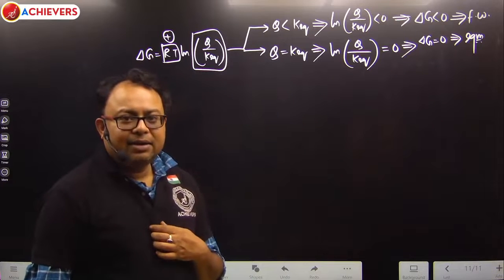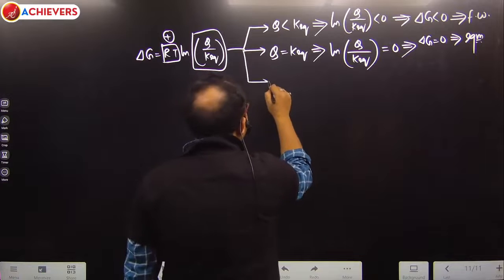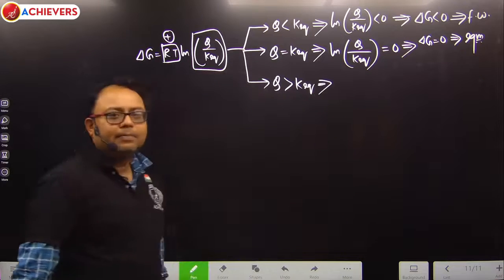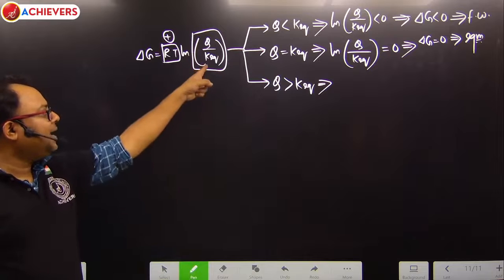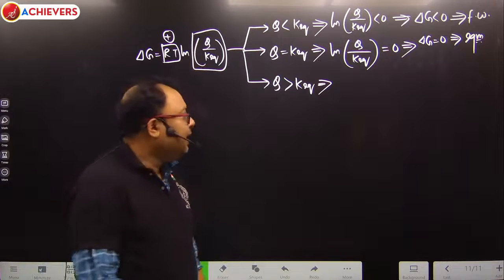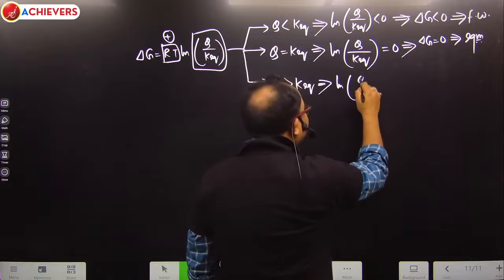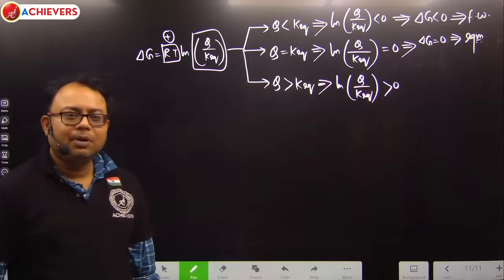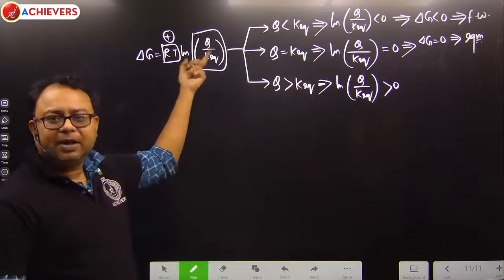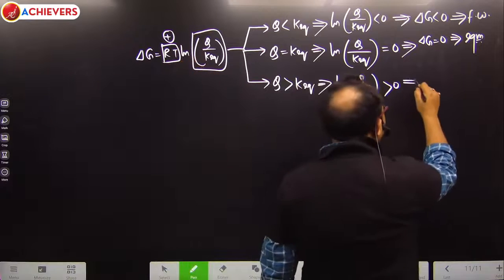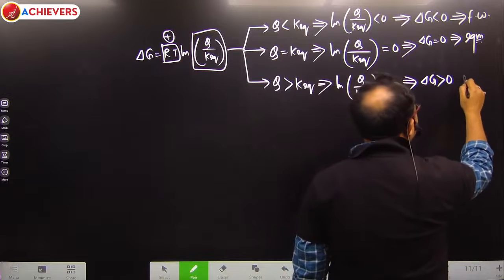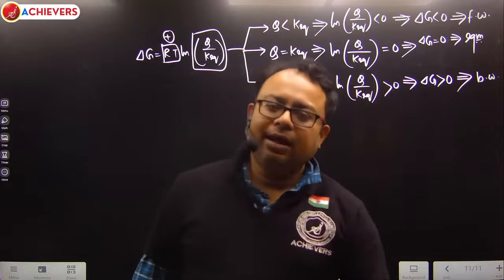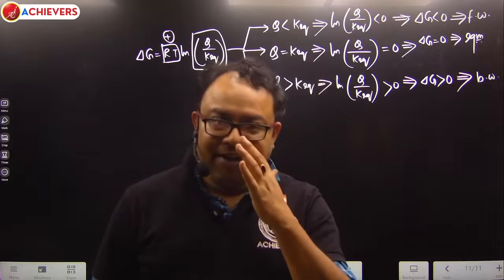On the other hand, if Q is greater than KQ, then what is going to happen? Then Q by KQ is greater than unity. ln of something greater than unity is positive. So this positive multiplied by positive becomes positive. So delta G becomes positive. And if delta G is positive, then obviously it will favor the backward reaction.